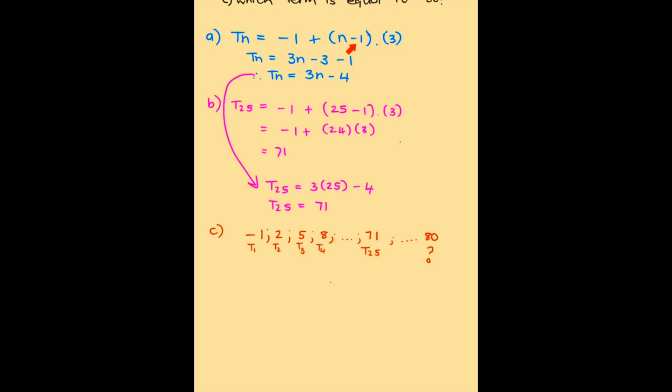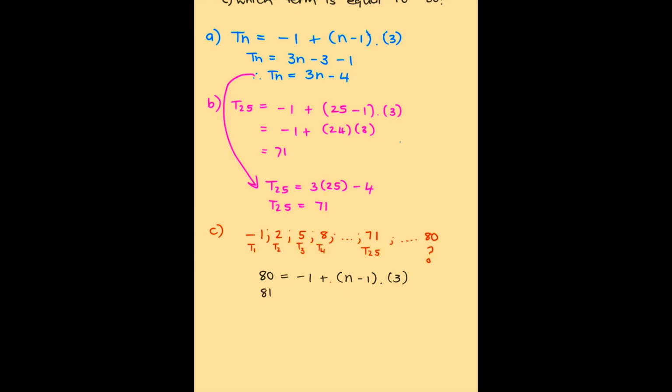We now need to figure out in which position is 80. In which position is 80? So using that first formula, the value is 80. Term 1 is -1 plus n is what we're trying to solve for. Your constant difference is 3. Okay, and this becomes now a very simple equation. So let's go about solving it.